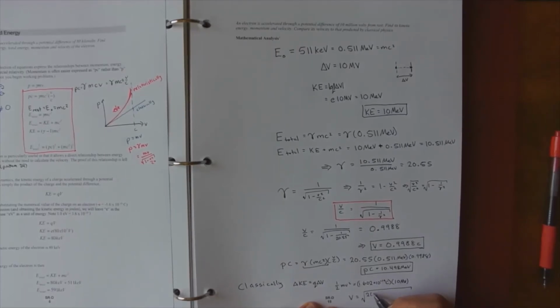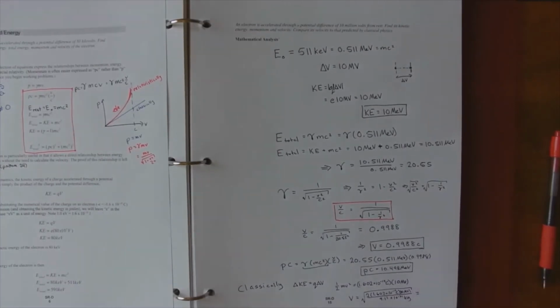So 2 times 1.602 times 10 to the negative 19th coulombs times 10 megavolts divided by the mass, which if I put the charge in coulombs, then I want to do the mass in kilograms, which is 9.11 times 10 to the negative 31 kilograms, and that gives me 1.875 times 10 to the 9th meters per second.